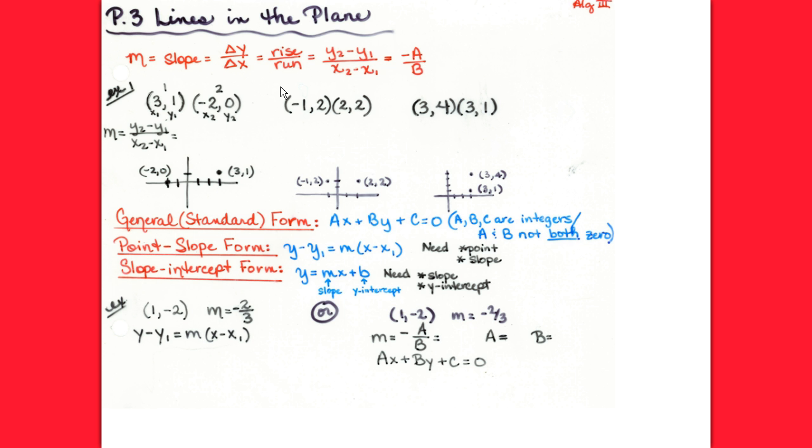Rise over run. So for example 1, they give me 2 points and they ask me to calculate the slope. We're going to label these the exact same way that we did for distance and midpoint, where we could say, okay, if this is point number 1, we'll call this the x value for point 1 and the y value for point 1. If this is point number 2, we'll call this the x value for point 2 and the y value for point 2.